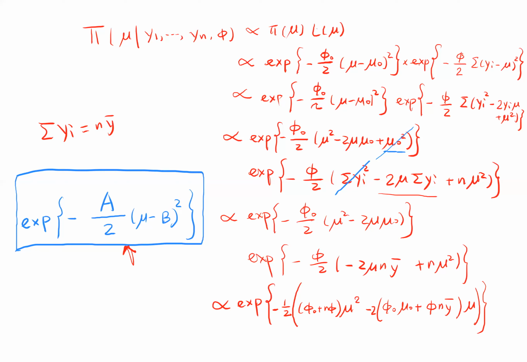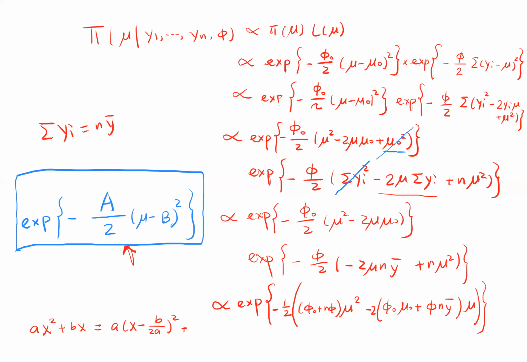So just so you know, completing the square, if you have ax squared plus bx, it's gonna be a times x minus b over 2a, squared, right? With some extra term.